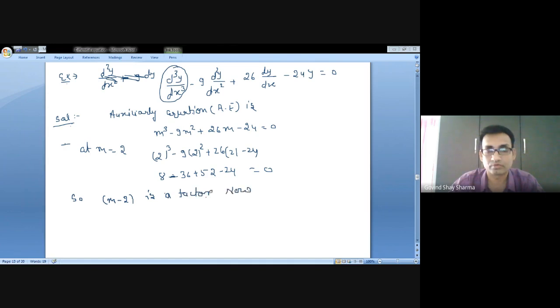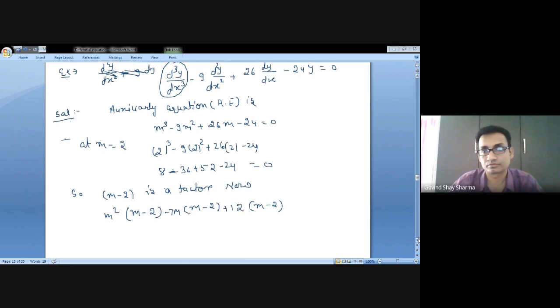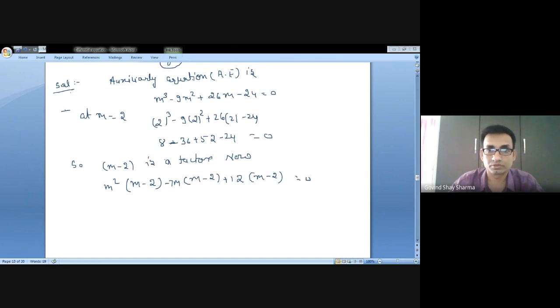Now we find another root. We can write (m minus 2)(m square minus 7m plus 12), or here we find m square minus 4m minus 3m plus 12.